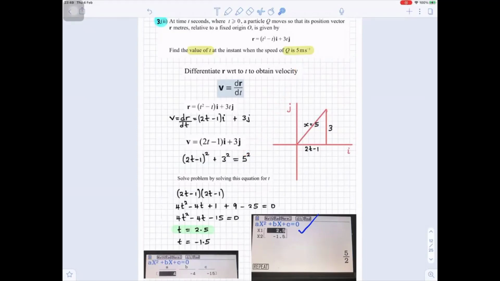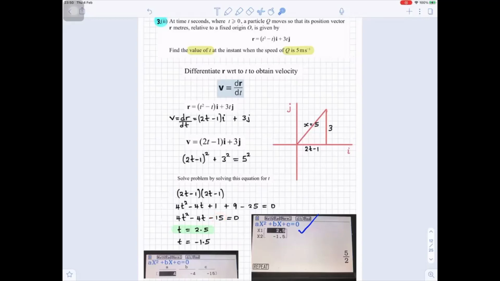So 2t minus 1, we write it twice and expand it. 2t times 2t is 4t squared. 2t times minus 1 is minus 2t, minus 1 times 2t is minus 2t, giving minus 4t. Minus 1 times minus 1 gives you plus 1. And 3 squared is 9. 5 squared is 25. You take it to the left, it becomes minus 25. So 1 plus 9 minus 25 is minus 15.